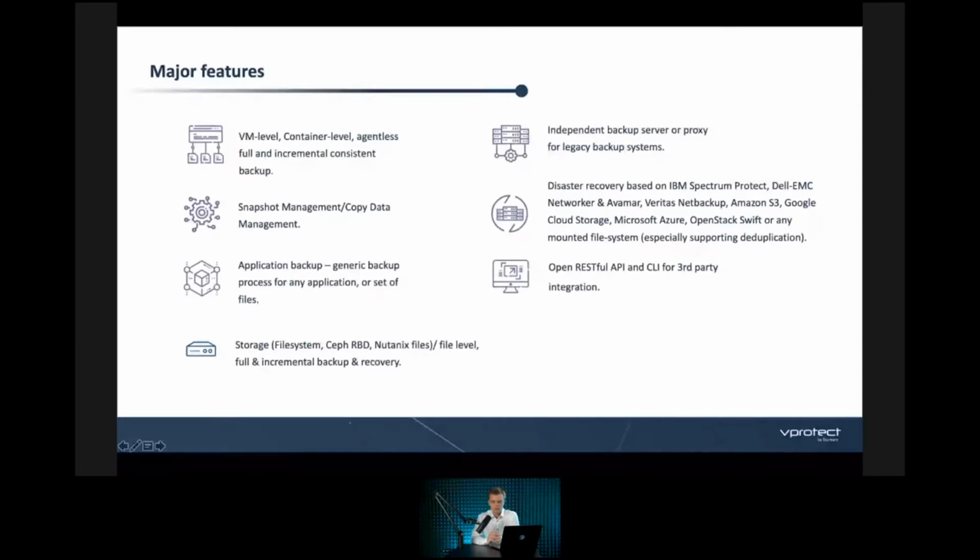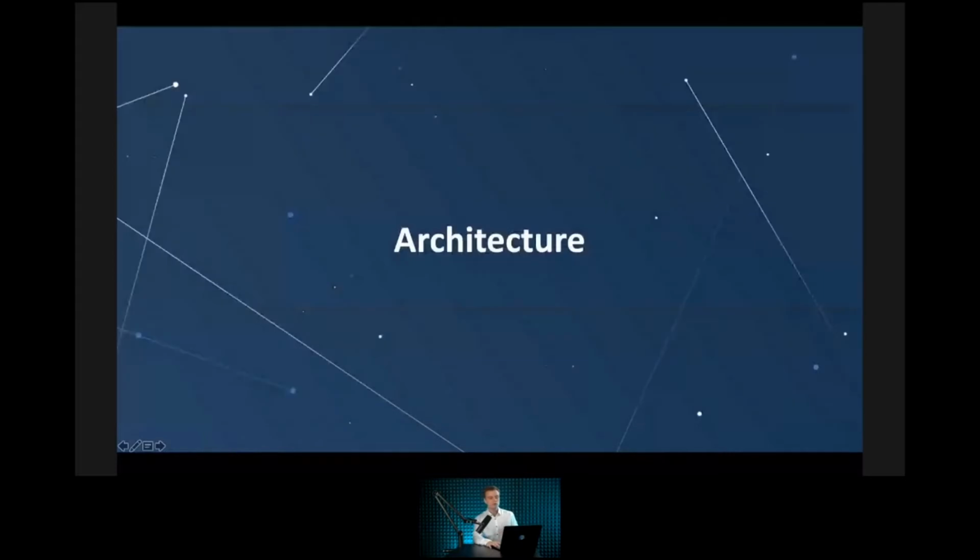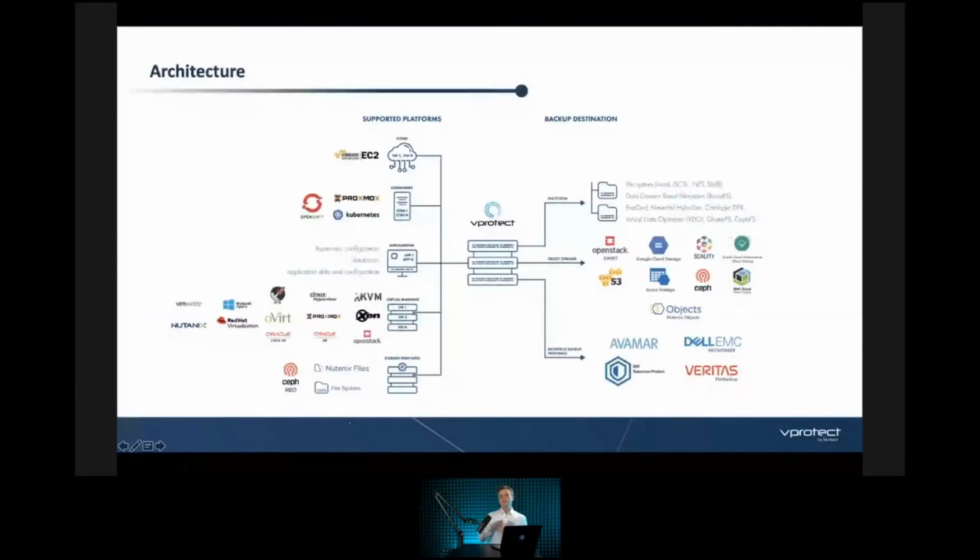When we talk about Ceph RBD data protection, you have to be aware that vProtect in general supports multiple different backup providers. The same as what I have said about the sources, we are in the middle, and you can later push these backups to multiple targets wherever you would like to store your data. Especially popular is just a plain file system, which can also come with deduplication built in or replication mechanisms.